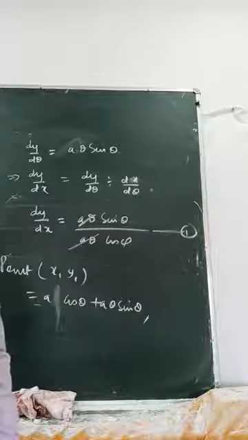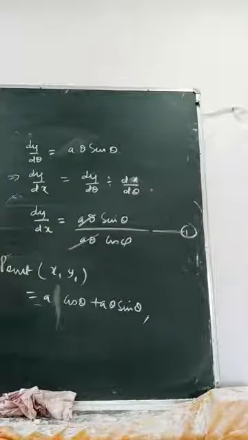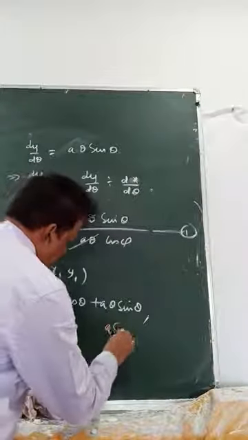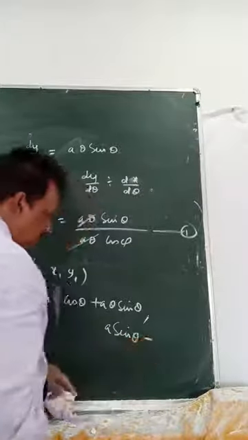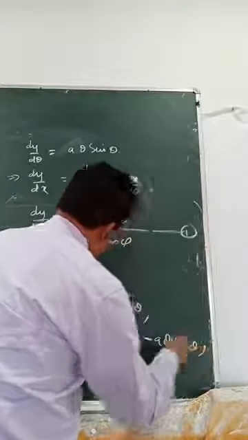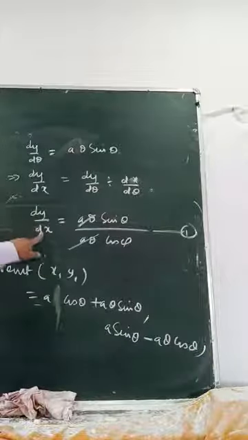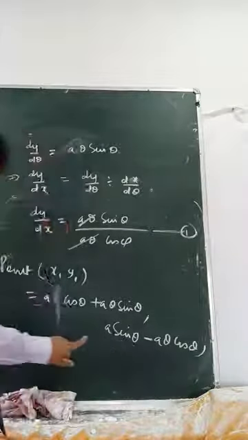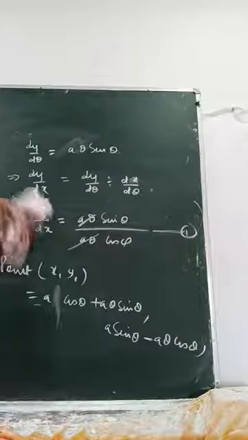Then y1 means the y value: a sin theta minus a theta cos theta. That means this is your dy by dx, this is your x1, y1. A little lengthy but not so difficult.